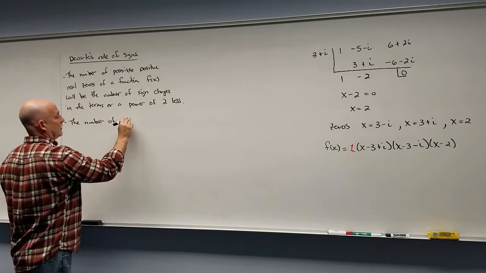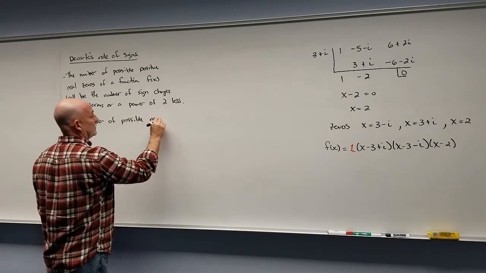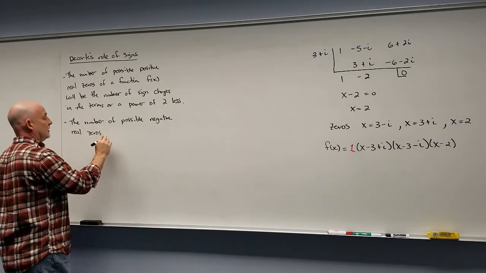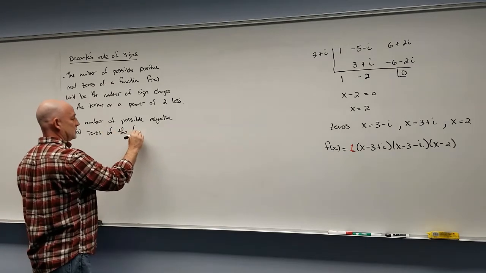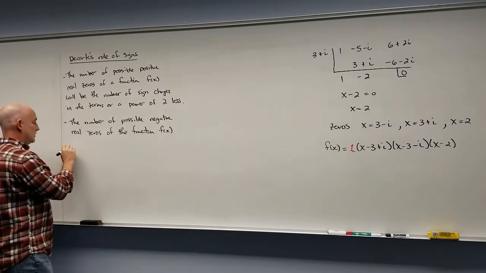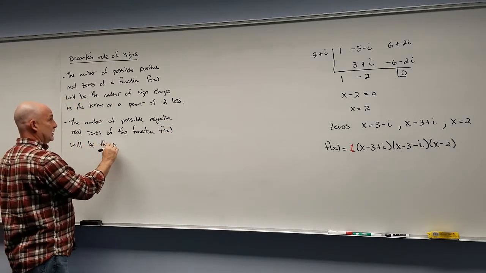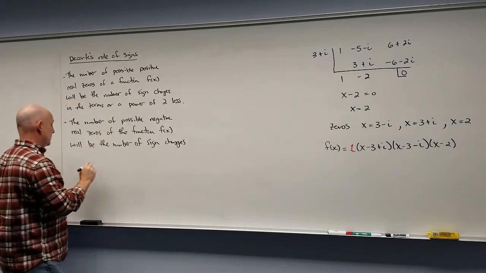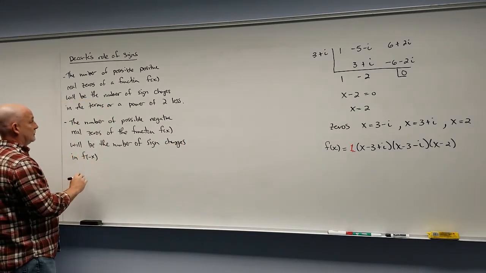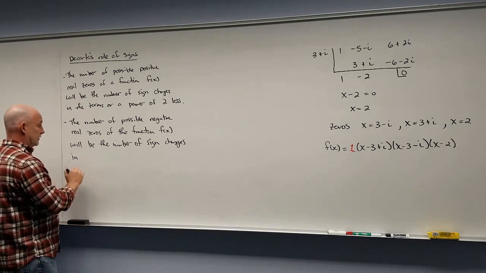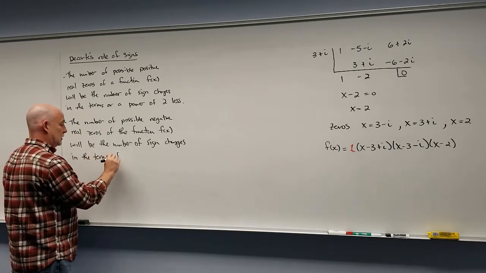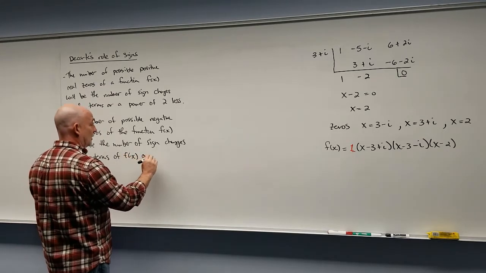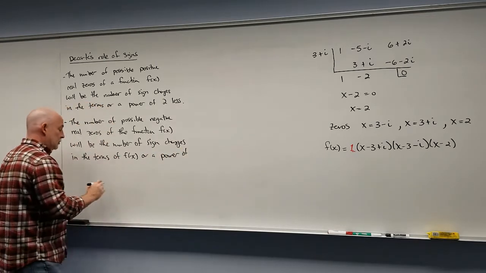Now, the number of possible negative real zeros, well, it's almost the same thing, of the function f of x will be the number of sign changes in f of negative x, the terms of f of negative x, or a power of 2 less.